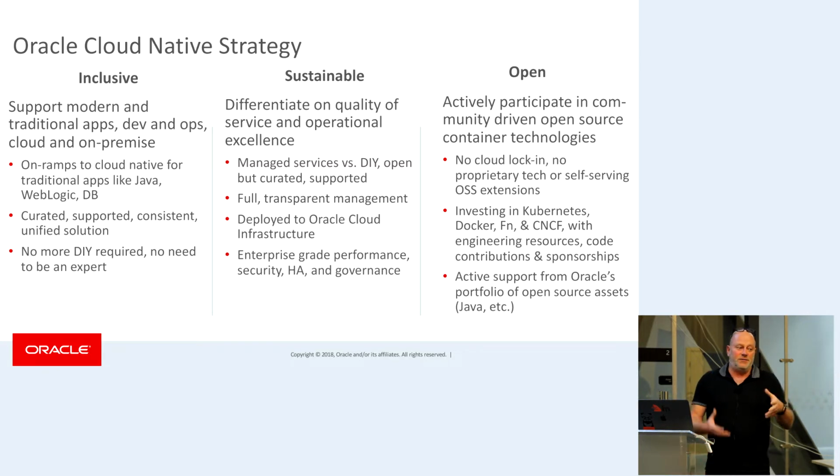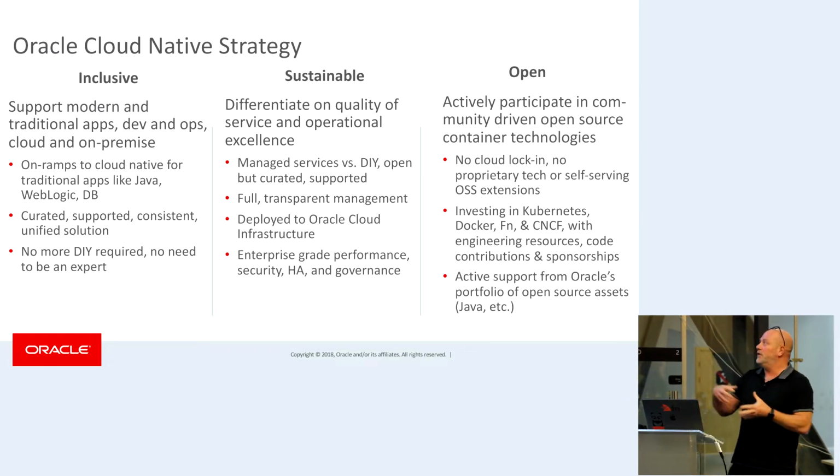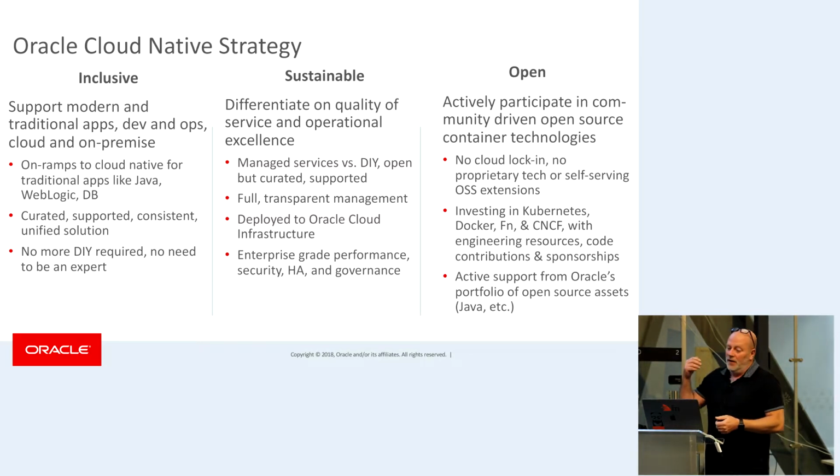One of the things that we've done is we've written a WebLogic Kubernetes operator that makes it really easy to deploy WebLogic applications onto Kubernetes, and Kubernetes understands how to scale WebLogic clusters, etc. So we've got a bunch of ISV partners that have got that, and they're trying to move to become cloud native and stay relevant to their customers as they move forward. And this is starting to be very popular in that environment. So we're trying to make sure that we can take existing and new workloads.